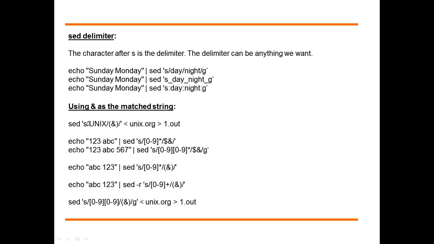That is using ampersand. In this first example, you are saying sed string replacement, / is a delimiter. You are searching for Unix. Whenever there is a Unix, you are replacing that with brackets and ampersand. That means Unix will be replaced as left bracket Unix and right bracket.